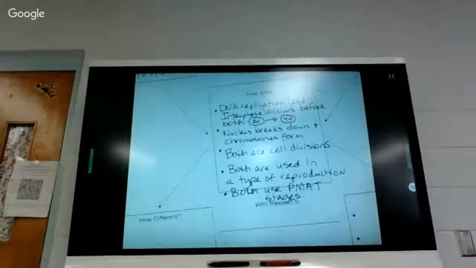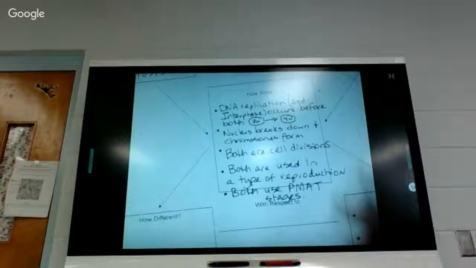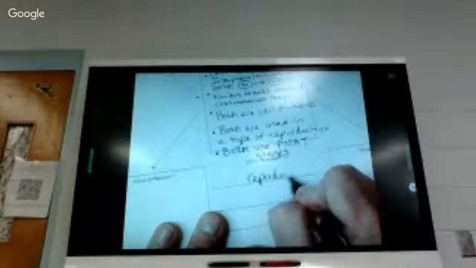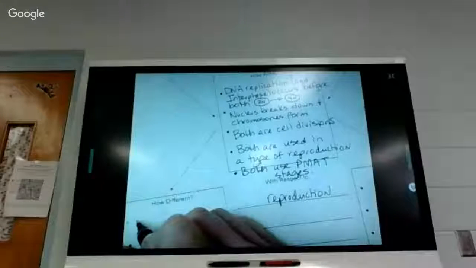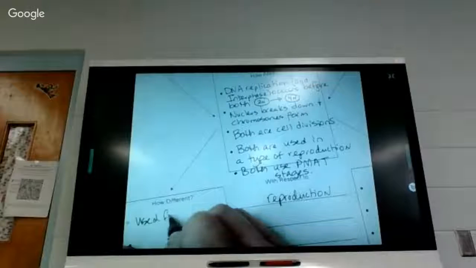What are the first differences that come to mind? One is asexual. Asexual and sexual. All right, so one's used for asexual reproduction, one makes cells for sexual. All right, so with respect to reproduction, Craig said earlier that this one's used for asexual.